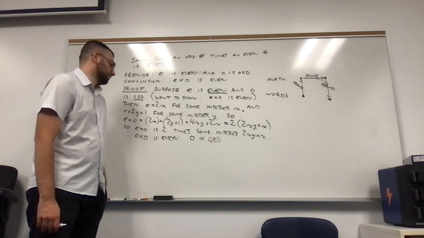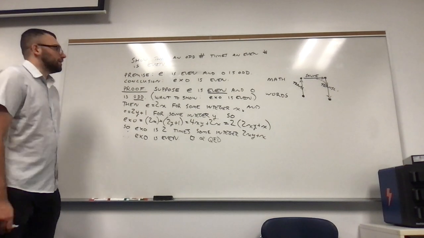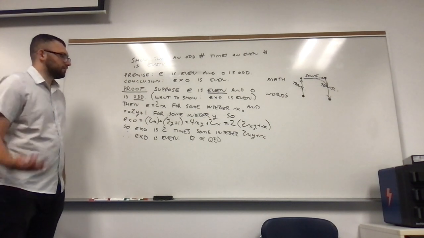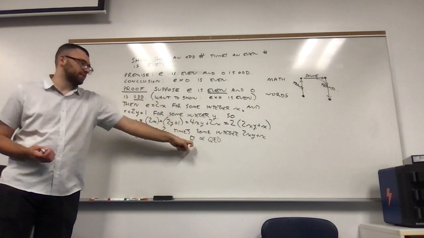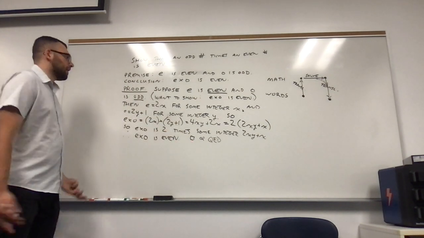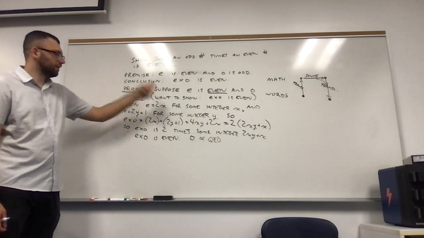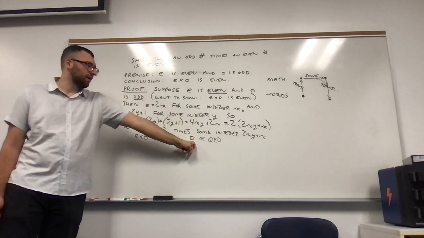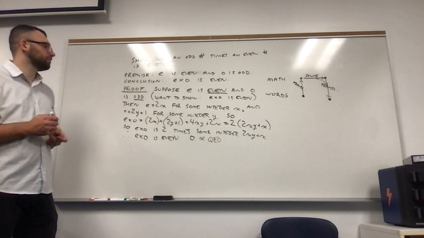It's boom, I showed you, we're done, right? Just like in English, you start your sentence with a capital and end it with a period. In math, writing proofs, start the proof with the word proof and end it with either a square or QED, whatever you prefer.